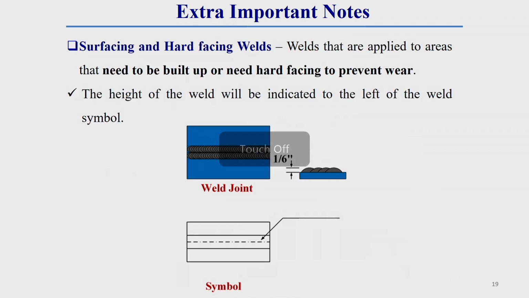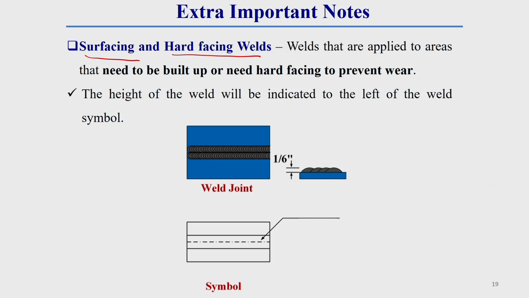Now, in some cases we have seen in industry, we perform operations like surfacing or hard facing, to protect structures which are subjected to corrosion. For that, we have to do some surfacing or hard facing.